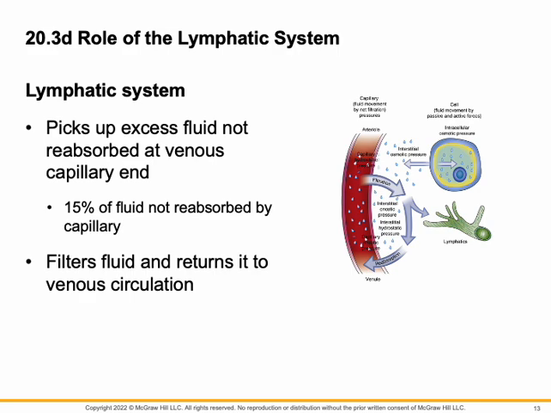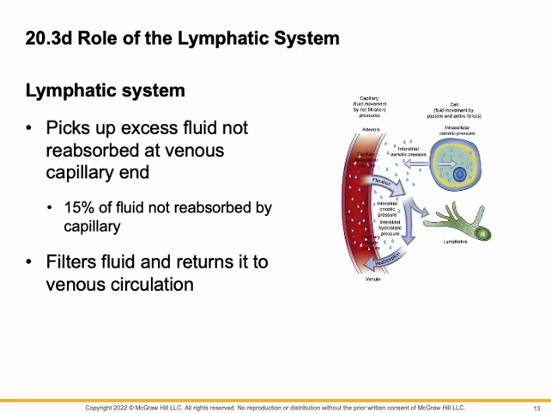So the fluid that goes out during capillary exchange goes out into the interstitial space, and some of it comes back in, but not all of it. The result is that some of it will need to be picked up by our lymphatic capillaries. Something like 3 liters per day of fluid filters out of the capillaries, and any of that excess gets picked up by the lymphatic system.